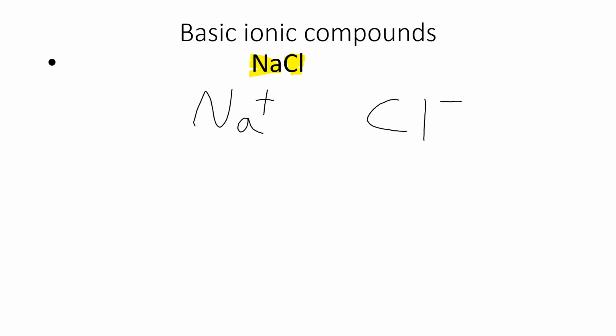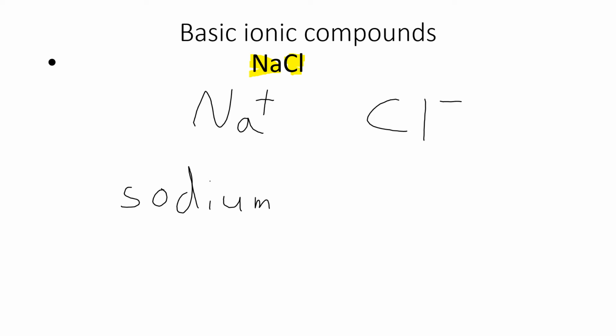First rule says write the name of the positive ion first. Keep the name of the element. So Na is sodium. Name the negative ion second. Negative ion, you replace the ending with IDE.